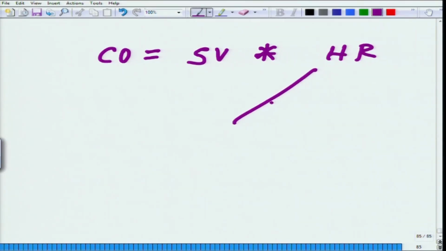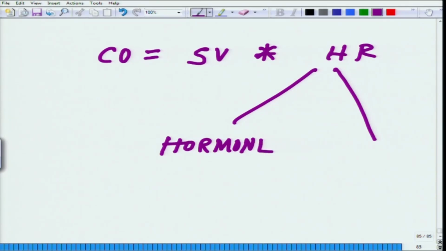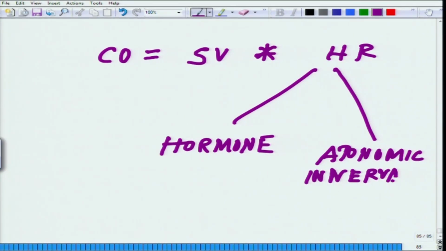So, what are the factors which are governing heart rate? As we will be touching in the endocrine system, there are hormones which regulate heart rate, and there is an autonomic nervous system. At this point we are not discussing in depth because I have not touched the nervous system. Once I come to the nervous system, I will come back to this. Okay. Autonomic innervation.